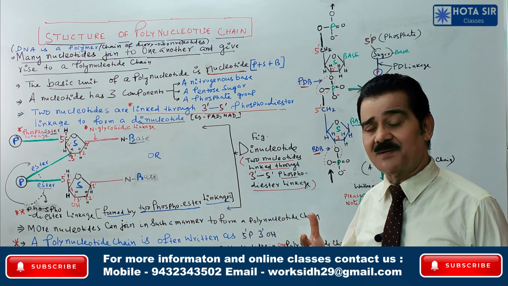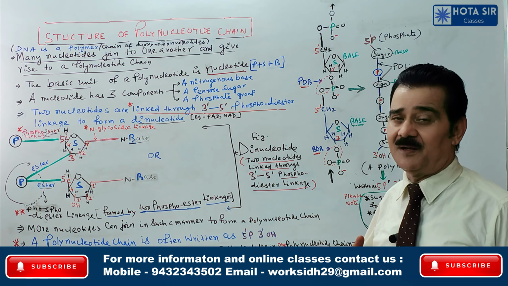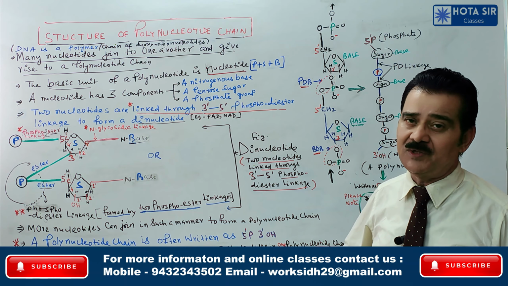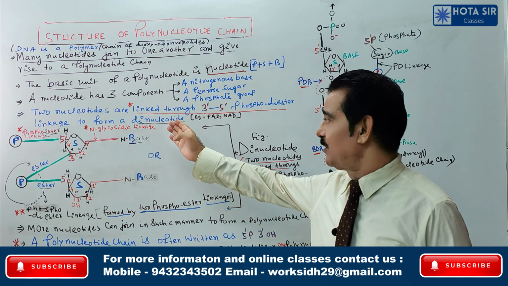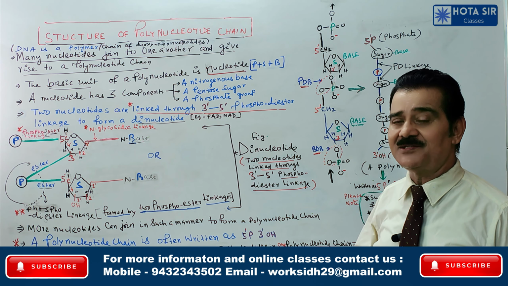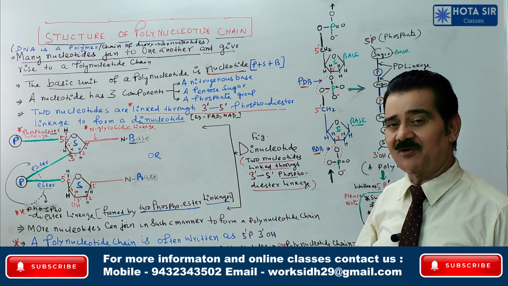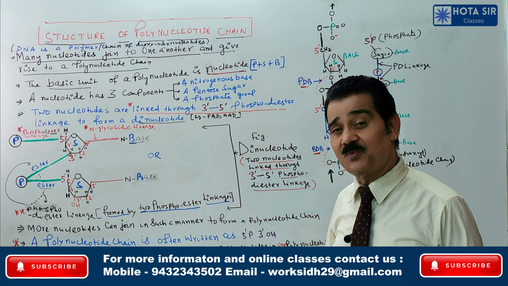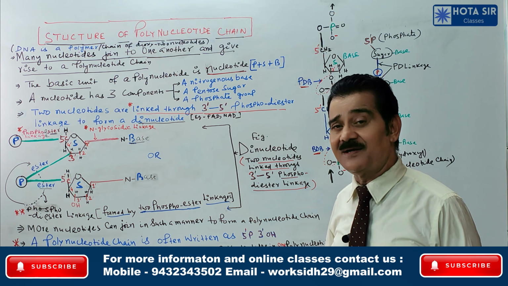Let us now discuss some of the important questions about your polynucleotide chain of DNA. Two nucleotides are linked through 3,5 phosphodiester linkage or phosphodiester bond. What would be the number of phosphodiester bonds if the number of ester bonds is 100?